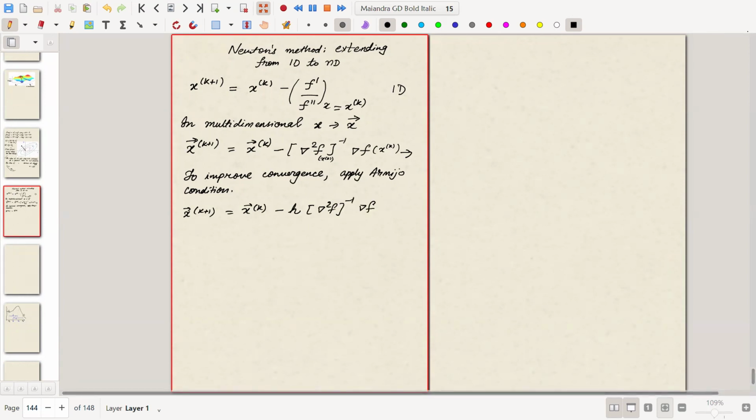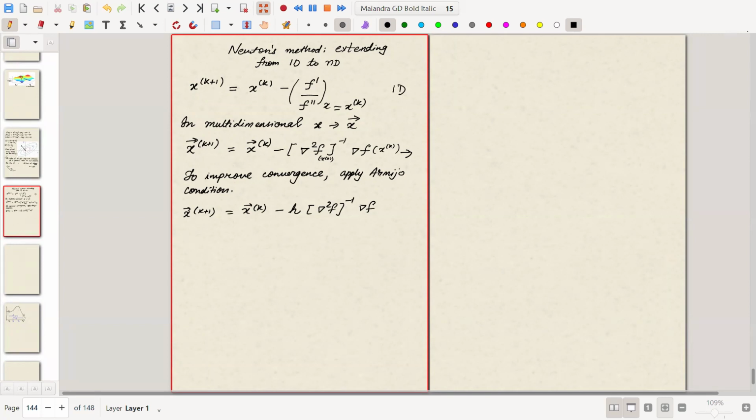You see, just the same idea we borrowed from gradient descent. In gradient descent with the Armijo condition, we said that if the Armijo condition is satisfied, continue the iteration. If it is not satisfied, then decrease the step size by tau. h goes to tau h, isn't it? Tau belonged to 0 to 1. Yes. So we decrease the step size.